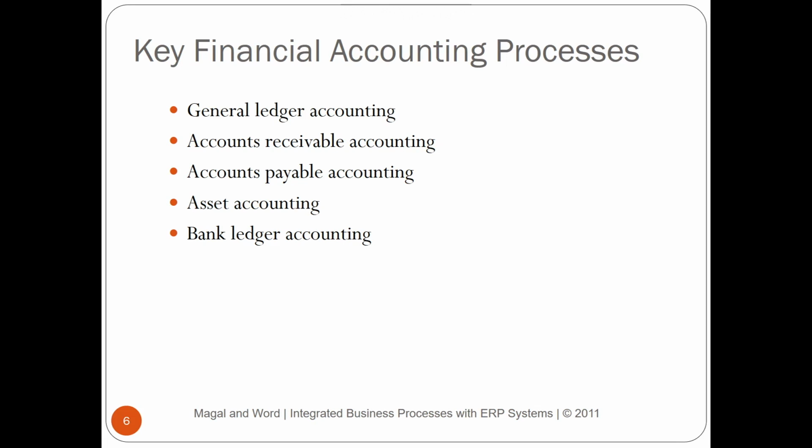The financial data recorded in the general ledger are used to generate the financial statements needed for external reporting. Typically, financial statements are the balance sheet, income statement, and the statement of cash flow.